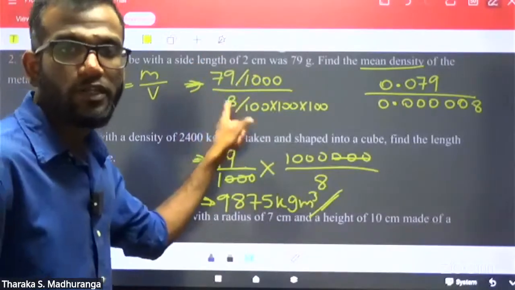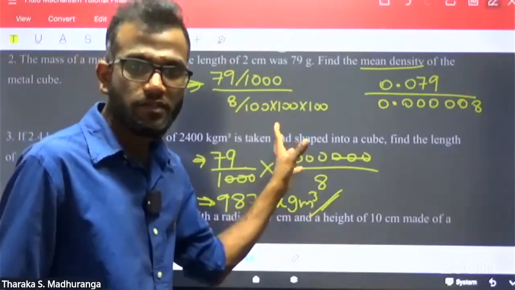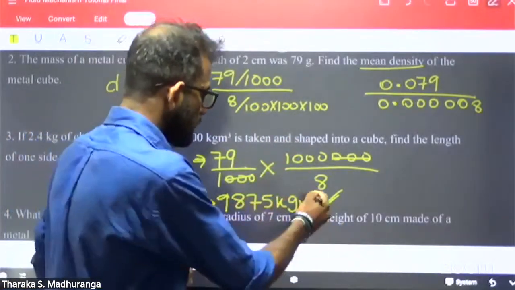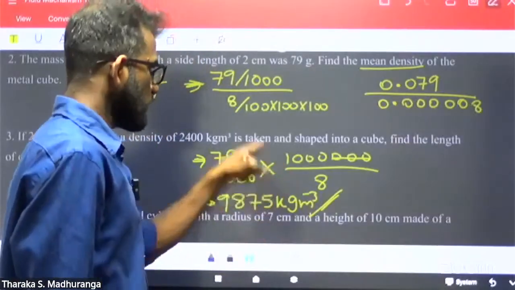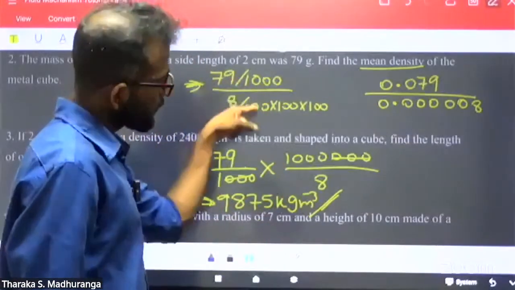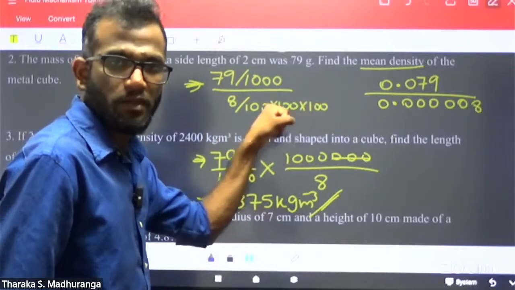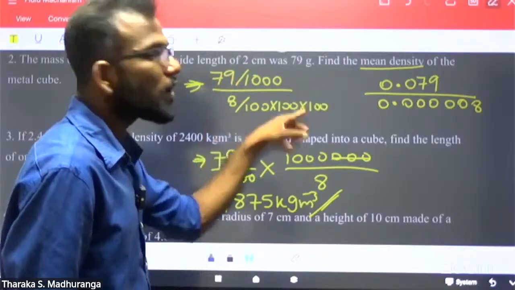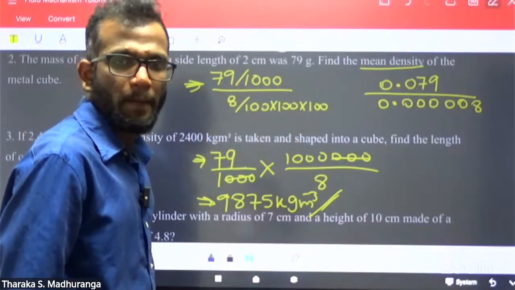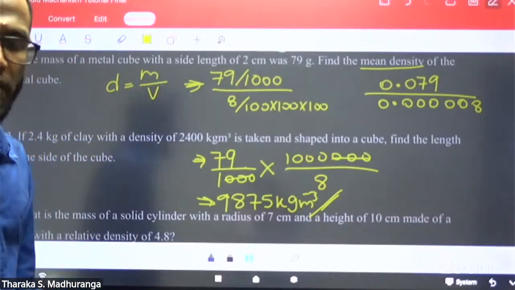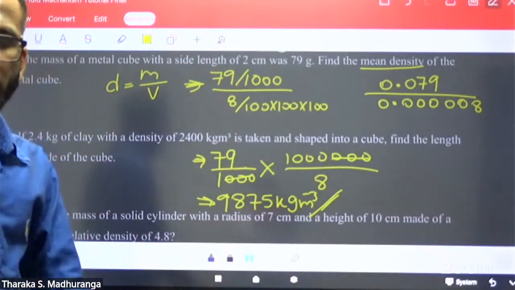Now to convert into cubic meter, the standard unit, I divided by 100 three times, 100 into 100 into 100. Then calculate.